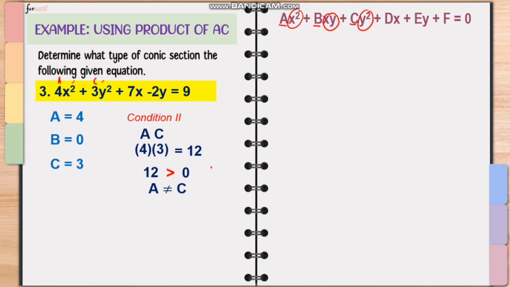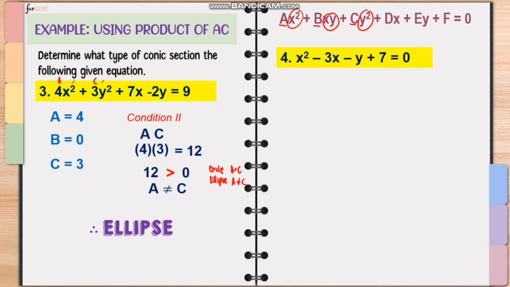It's either circle again or ellipse. So, once again, circle siya kapag si A is equal to C, ellipse siya kapag si A is not equal to C. So, since 4 and 3 is not equal, A and C is not equal, therefore, this is ellipse.